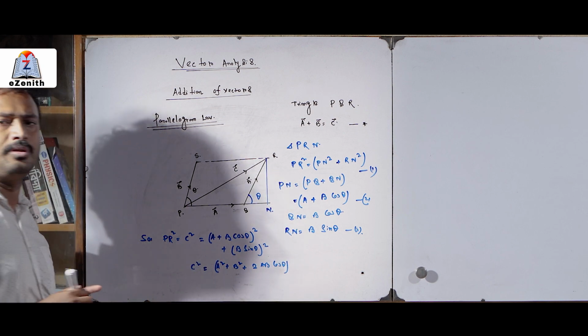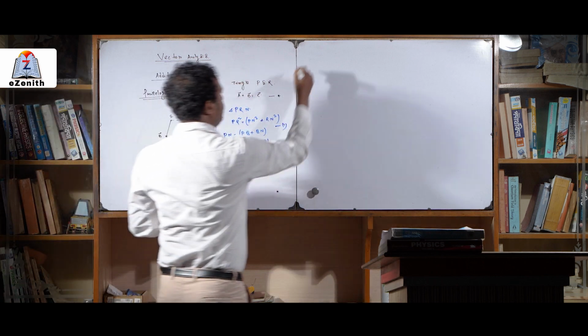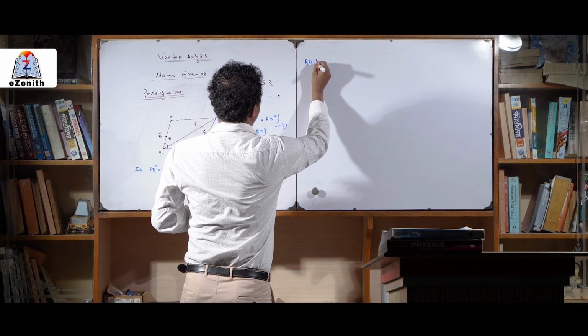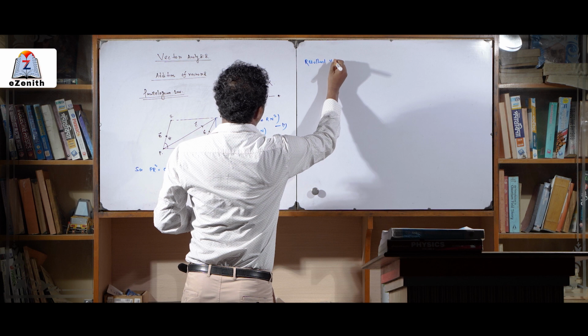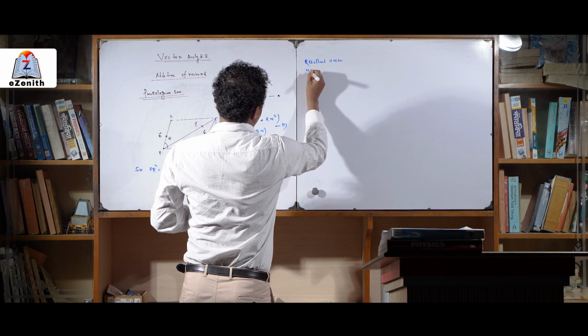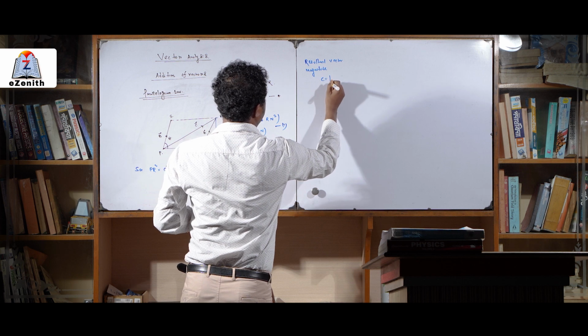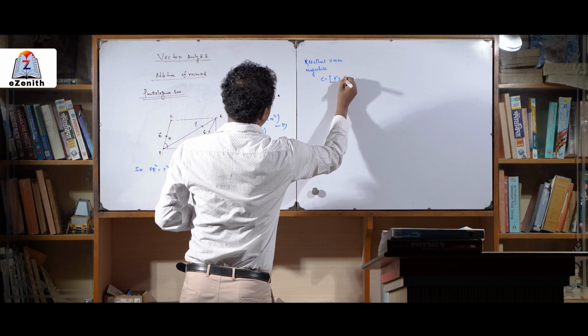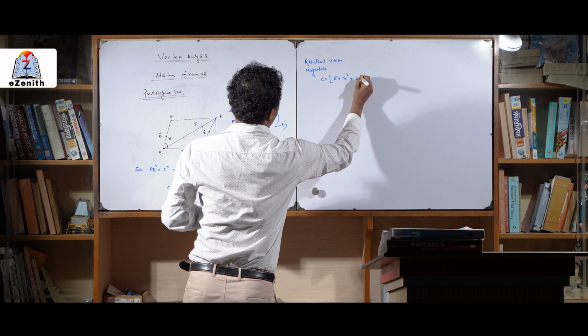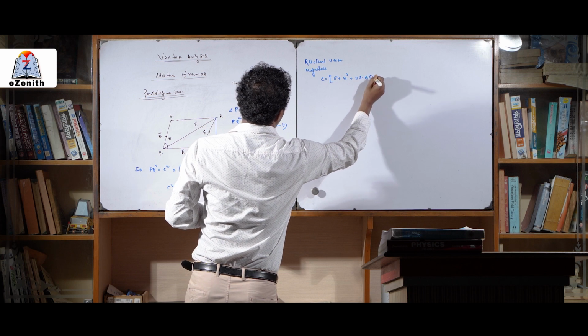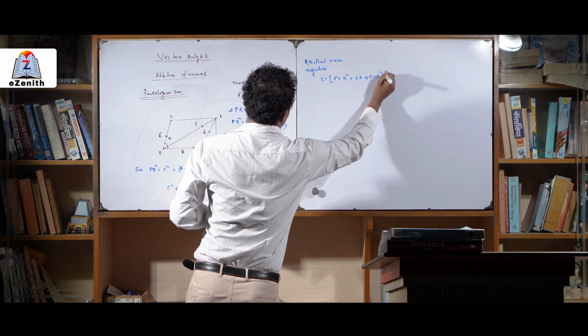That is C square. So the resultant vector magnitude C is equal to (A square plus B square plus 2AB cos theta) to the power half.